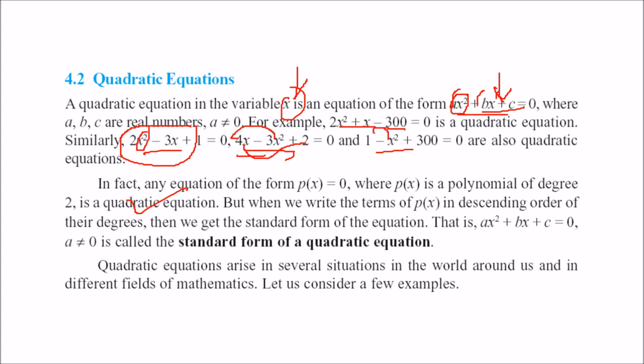This can be written as minus x square plus, say, 300 plus 1, let us make it 301. So we write it in the descending powers of x, and this is the standard form of a quadratic equation.